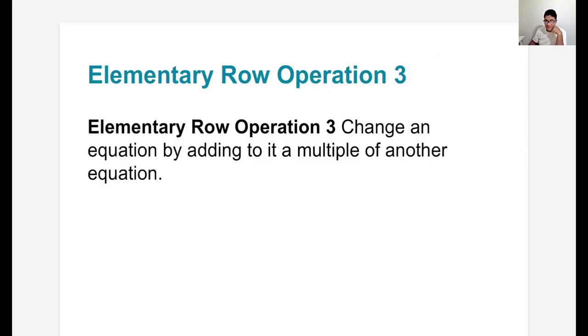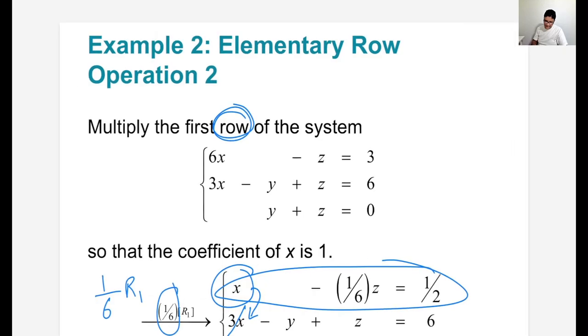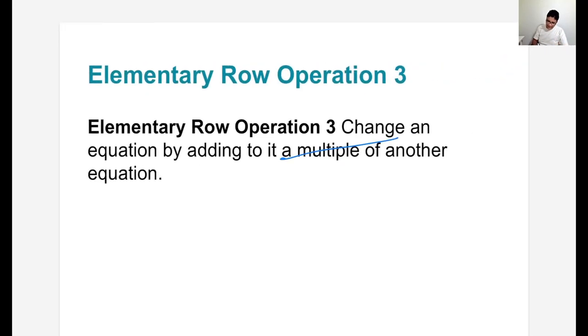And the third row operation is to change an equation by adding it to another equation. I would not even say multiple, since that multiple part is already taken care of in the second row operation. So this operation is basically adding two rows.